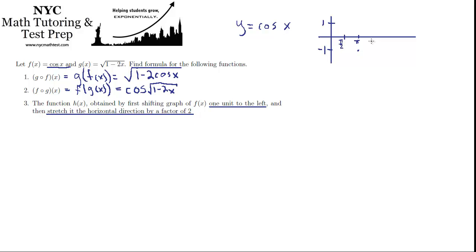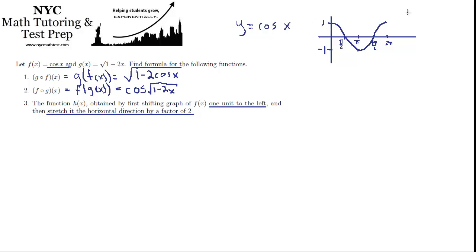And at 3 pi over 2 the cosine is 0 again. And then at 2 pi the cosine is 1 again. So we're going to see it take this curve, if I can draw this. And that is the first period of the cosine function.